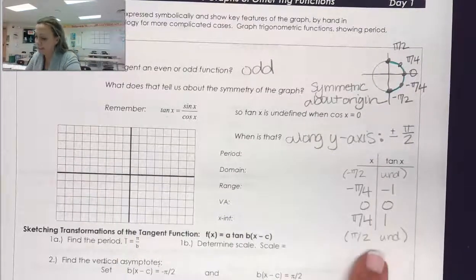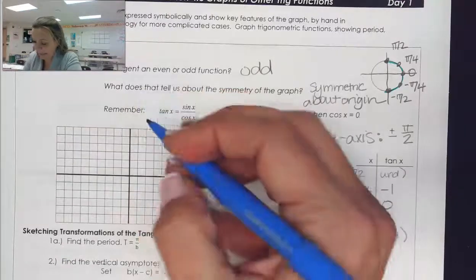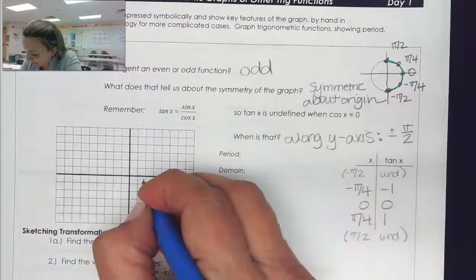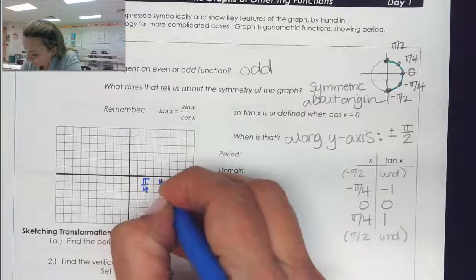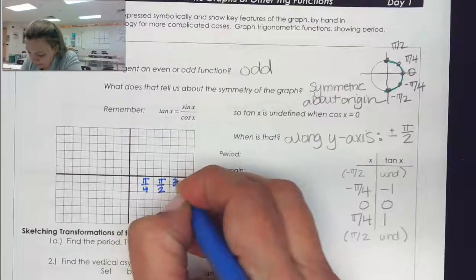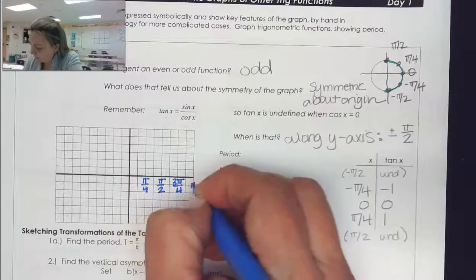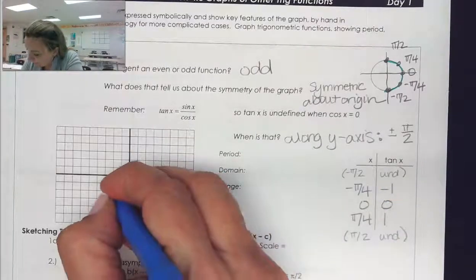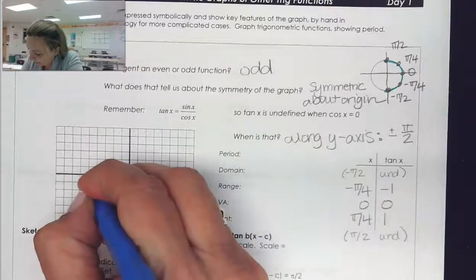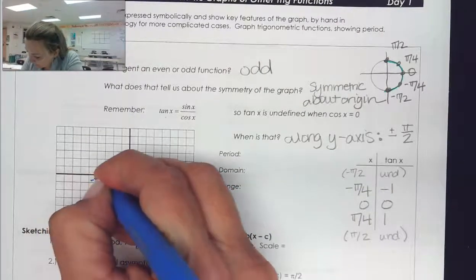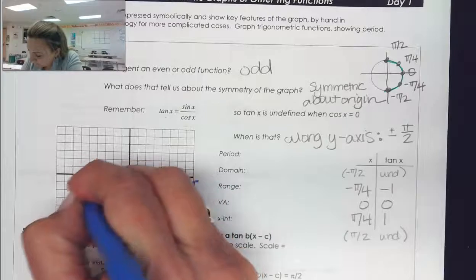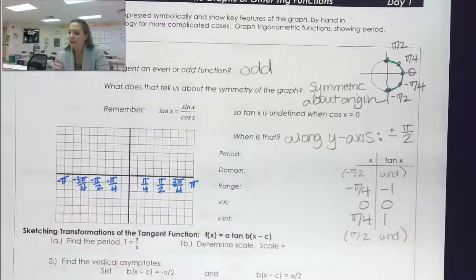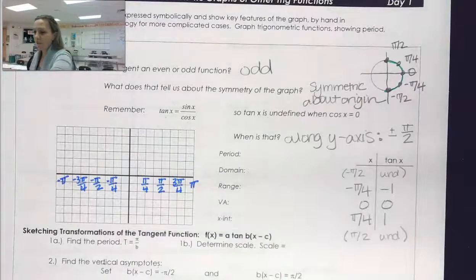So notice because it's undefined, if I label my axis, I'm going to go every pi fourths this time, since for tangent the critical values at pi fourths are pretty handy. Okay. So what that means is that we are going to have some undefined values.